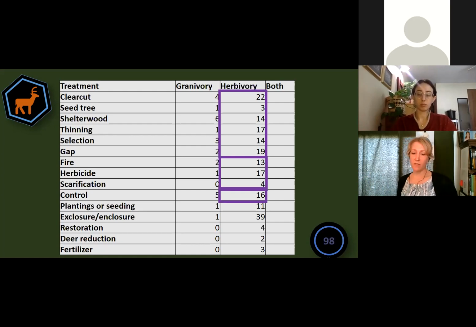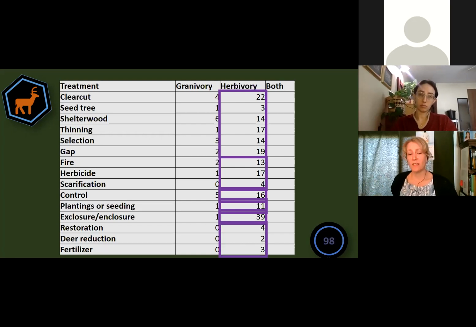And then 16 of these studies had controls, with 11 using either plantings or seedings, and then 39 using exclosures, with the 2 studies that I mentioned using enclosures where they kept white-tailed deer in specified numbers to see what would happen.